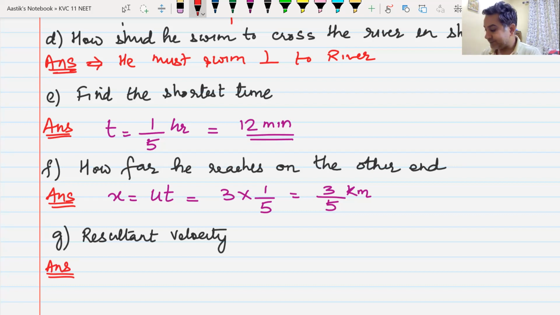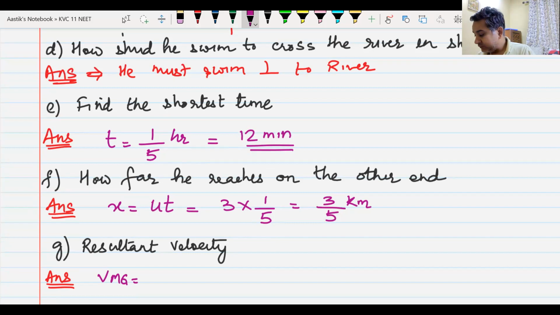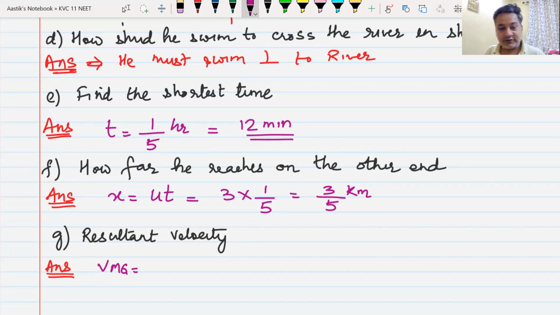And the answer is root 34, sir. Root 34.